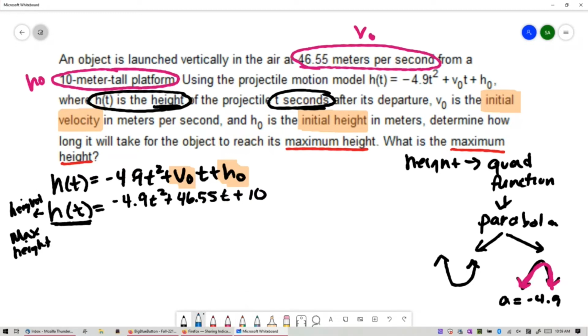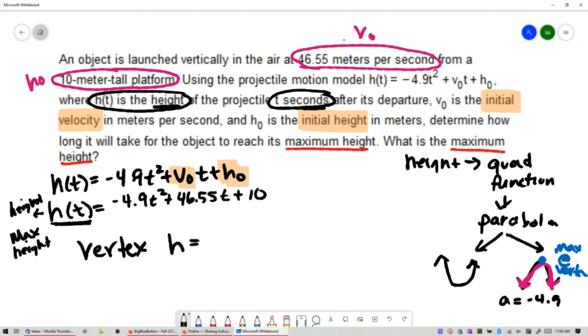And remember, we're looking for the maximum height. That maximum height is going to occur at the vertex. So we're going to be able to answer our question by finding the vertex of this quadratic function. We do have a formula for finding the vertex, and this can be a little bit confusing here. h is what we usually call the x-coordinate of the vertex, and our height is labeled as h as well.